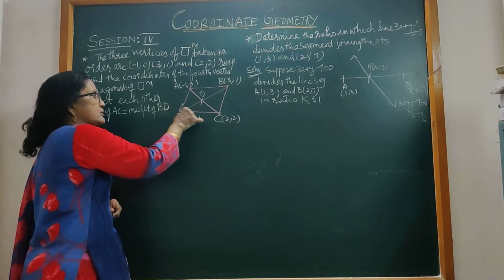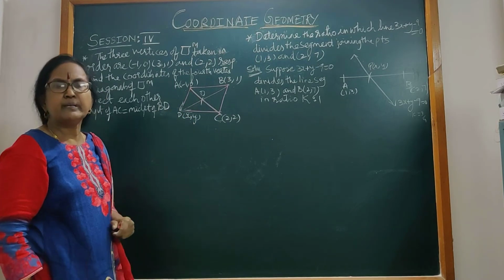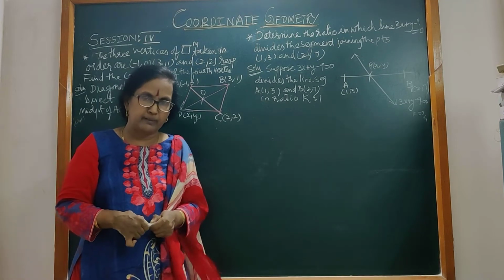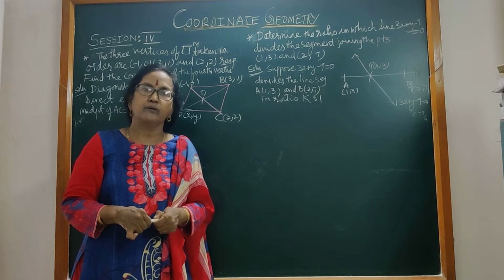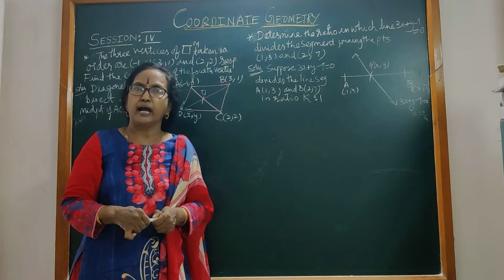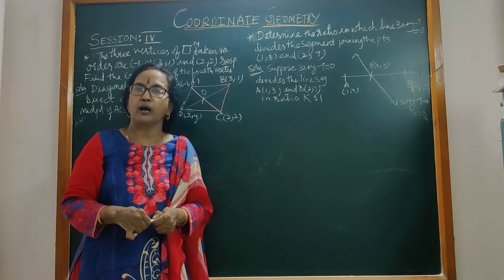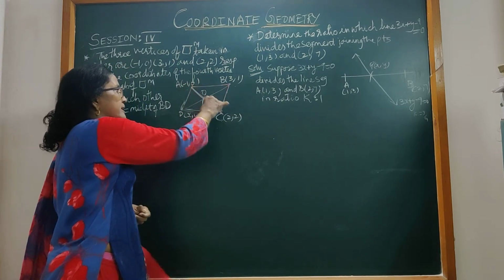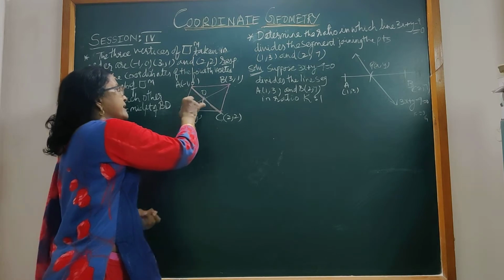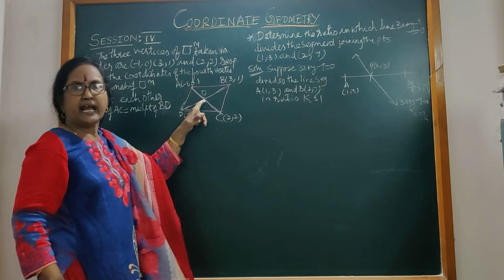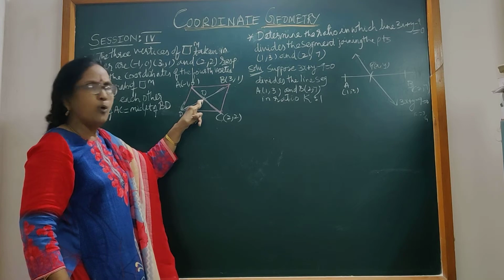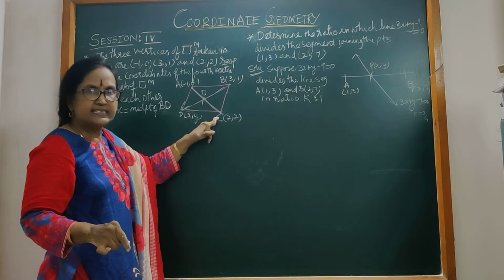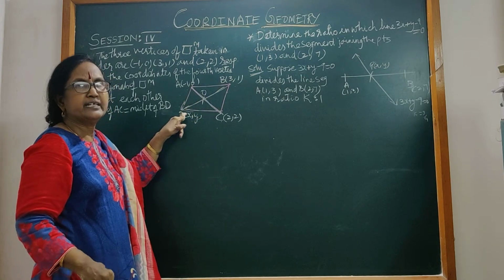So we have supposed that the coordinates of D are (x, y). Now you have to remember the properties of a parallelogram. You know that the diagonals of a parallelogram bisect each other. That means AC and BD intersect at O. O bisecting means O is the midpoint of AC as well as BD.